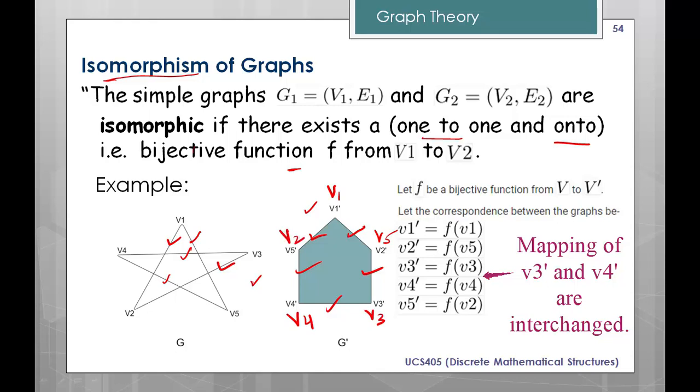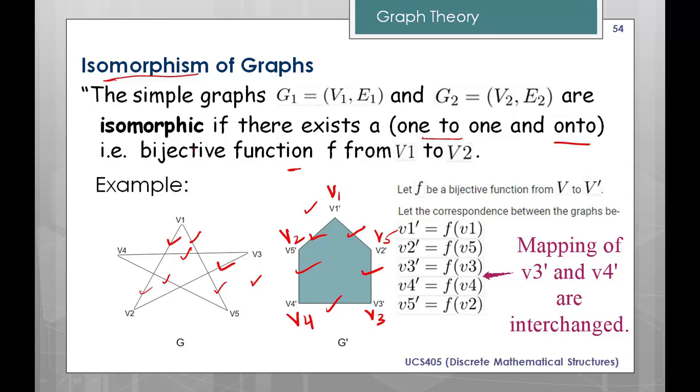So we can verify it. V1 is connected to V2 and V5. Same way we can check it for the other nodes.